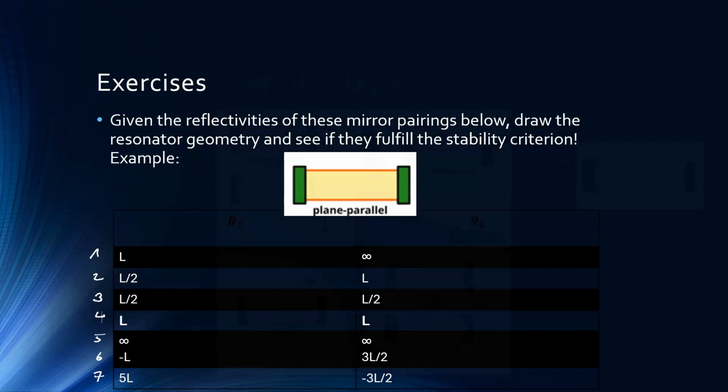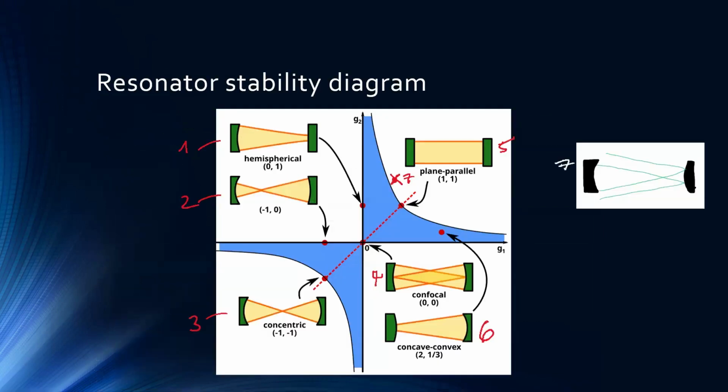The solutions are supposed to look something like this. I've labeled those examples 1 through 7, like we had on the previous slide. This is also how you draw those diagrams that can be nicely sorted into the stability diagram. Everything in this blue area is stable, and everything on the line is also still stable, but just by a little bit.